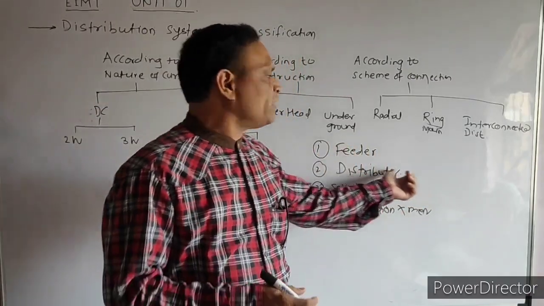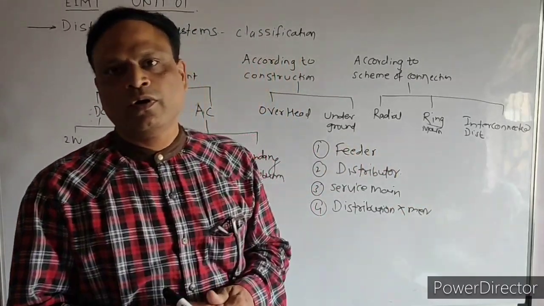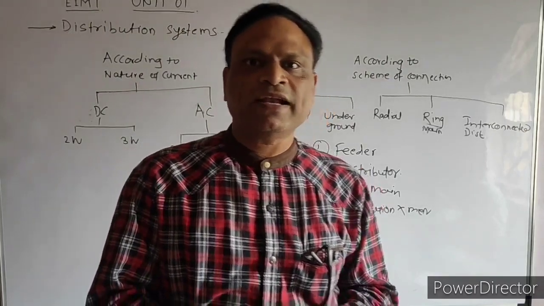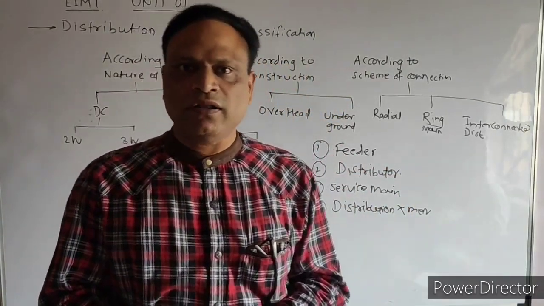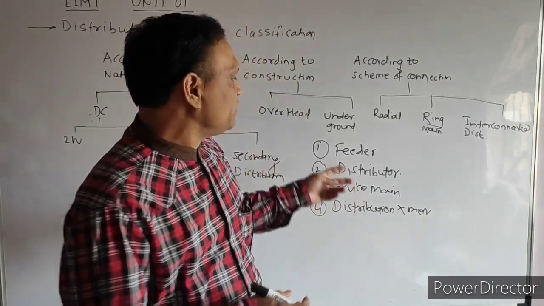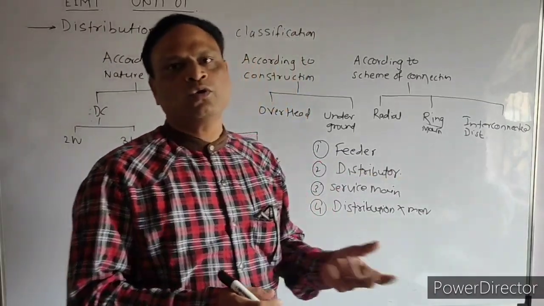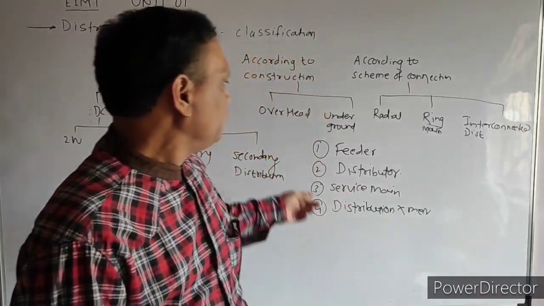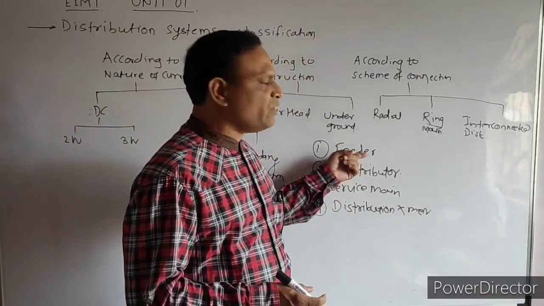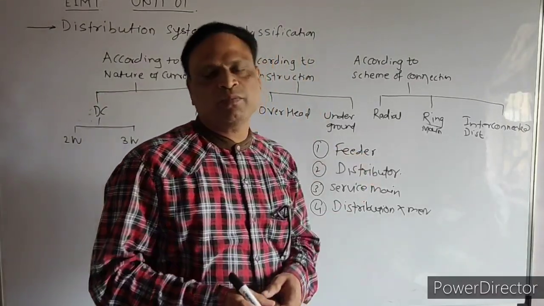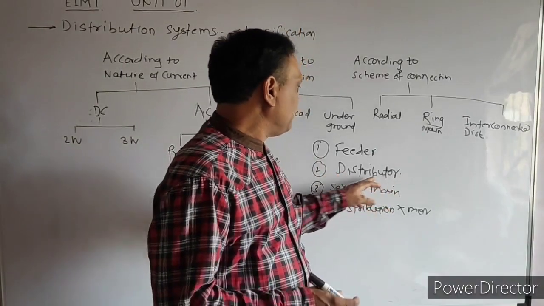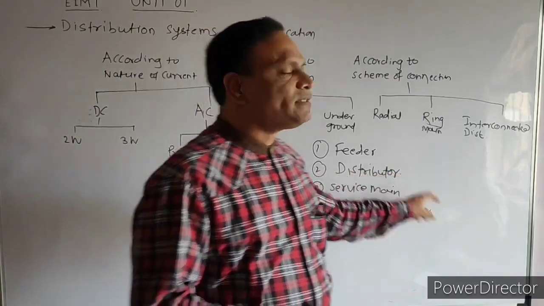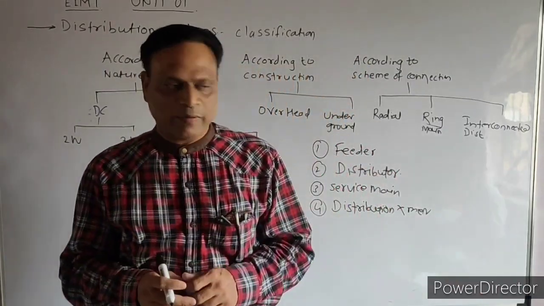Neutral is associated with the distributor, so between the two phases we will get the voltage as 415, and if it is a phase and neutral, then we will get the voltage as 230 volt or 215 volts accordingly. So feeder is three-phase, three-wire system. Distributor is three-phase, four-wire system. A distributor has three-phase, four-wire system. You always remember.